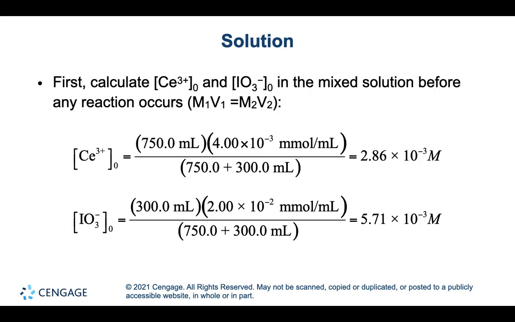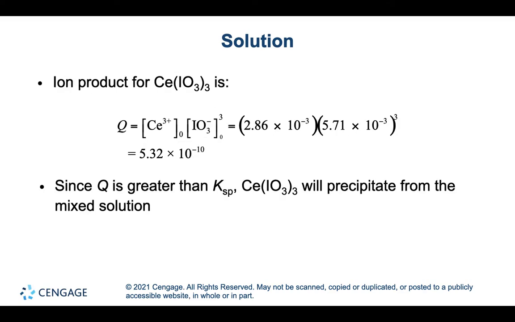Okay, with these two new molarities calculated, we now have initial molarities, so we could solve for QSP. So the ion product, or QSP, for cerium iodate, Ce(IO3)3, is the cerium ion plus 3 times the iodate ion cubed, because there are 3 of that ion.